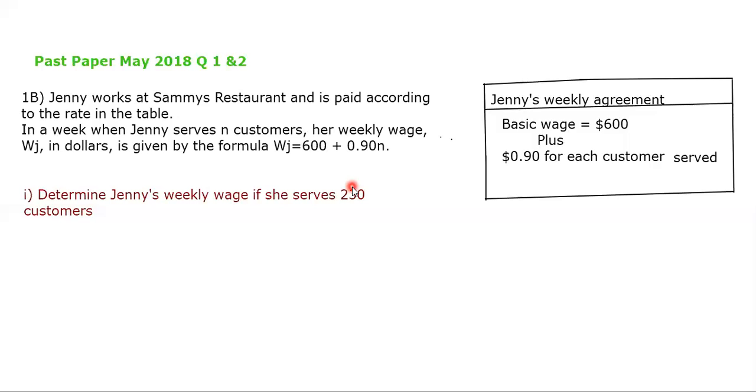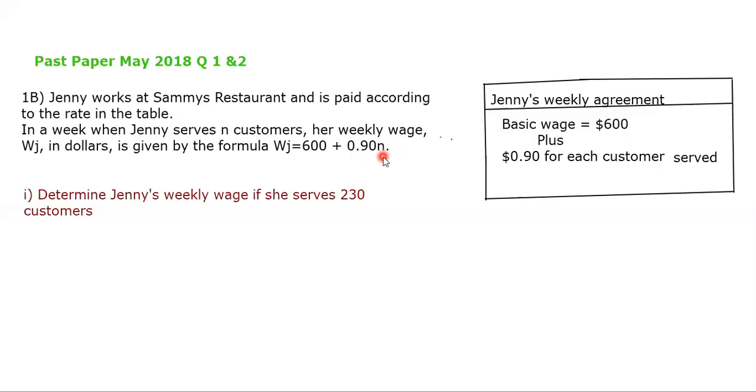So therefore, if we want to figure out how much you would get in all, then we would have to multiply this 0.90 times the N, that's times the amount of customers, in order to get the answer, right? Now, let's say that she served 2 customers for argument's sake.